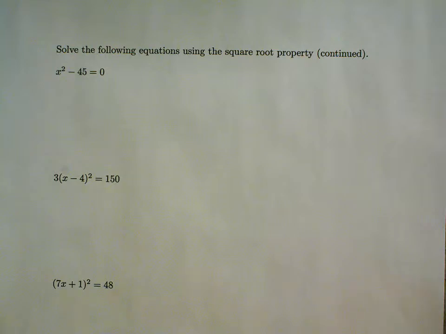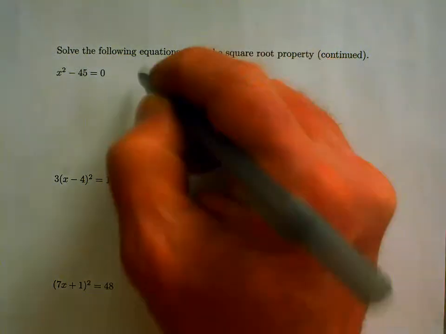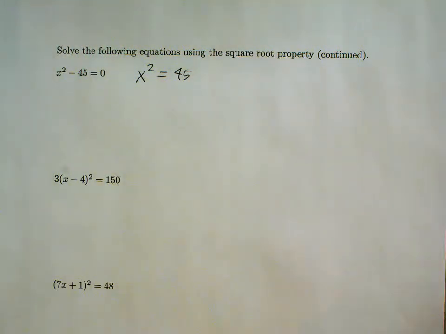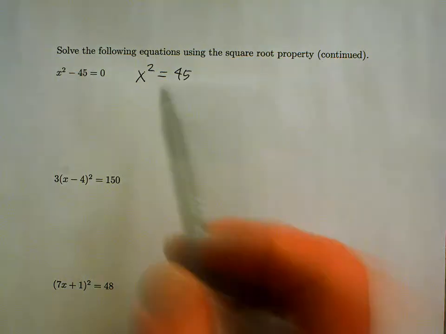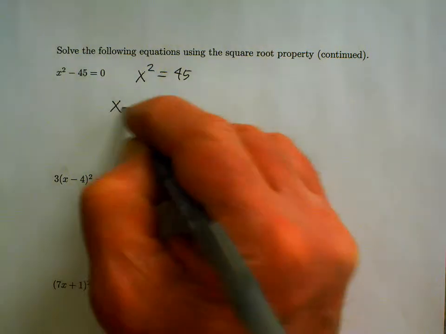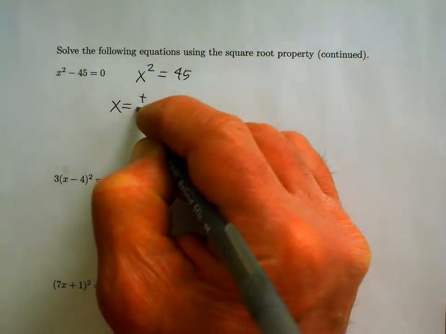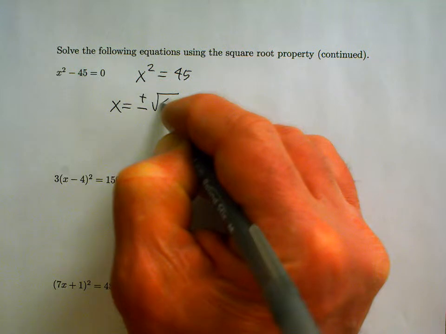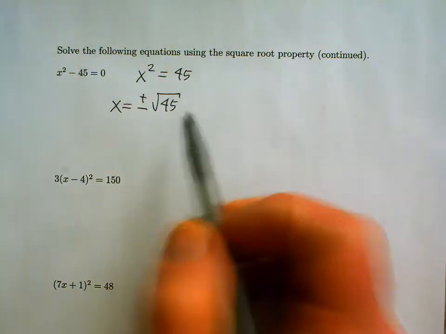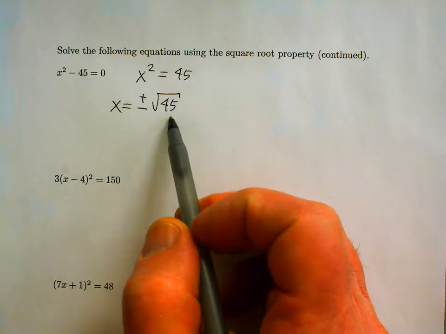But if we add 45 to both sides, we get x squared equals 45. Now we can apply the square root property. So if x squared equals 45, then x equals positive and negative square root of 45. Two solutions. And then we always simplify square roots when we can.